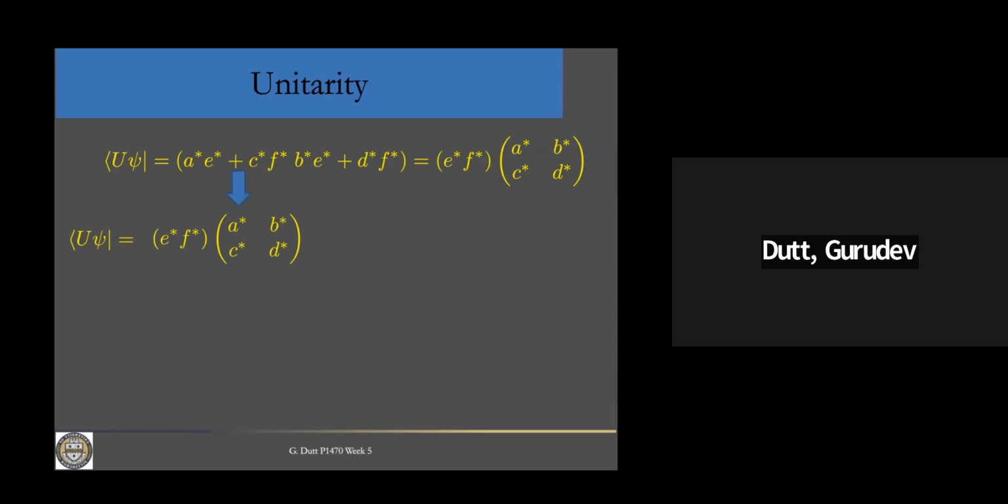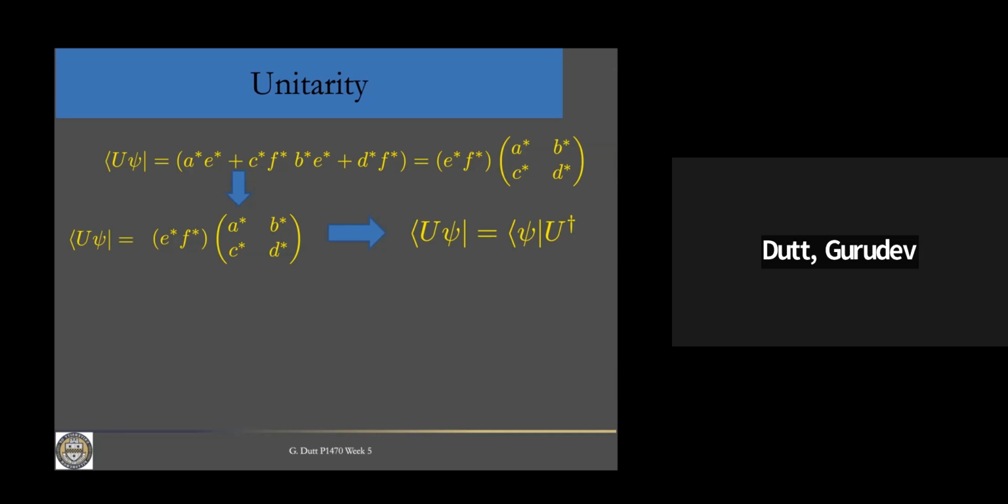So I've written that the bra U psi equals the row vector E star, F star, times a matrix which is A star, B star, C star, D star. And remember, E star, F star is just the bra psi, because the ket psi is the E, F column vector.